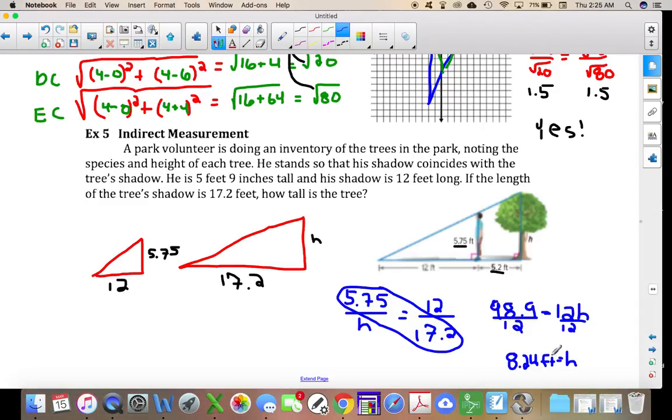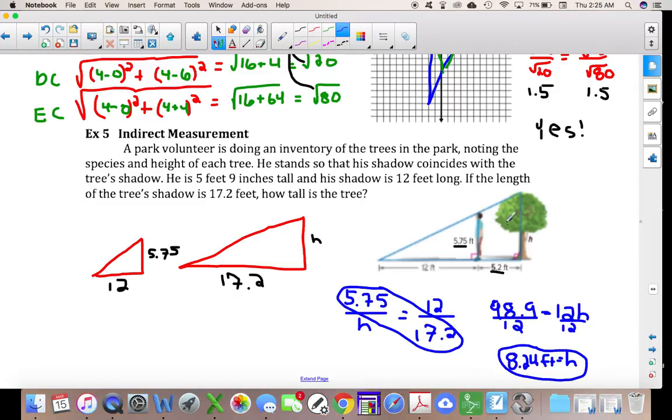I still had some of you guys on the quiz yesterday put, I think it was like 4.9 feet or something like that, for 4 foot 9 inches. Don't do that. It's not necessarily 8 foot 2 inches. So it's 8.24 feet. Let's just leave it like that. But when you actually convert it, it will be about 8 foot 3 inches.